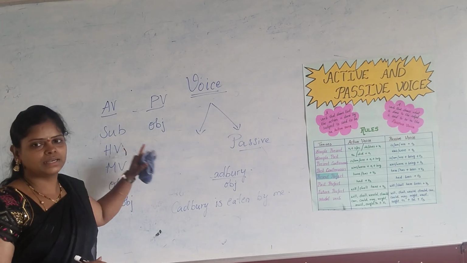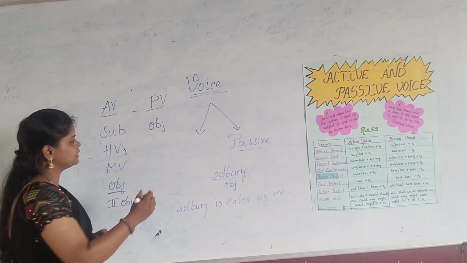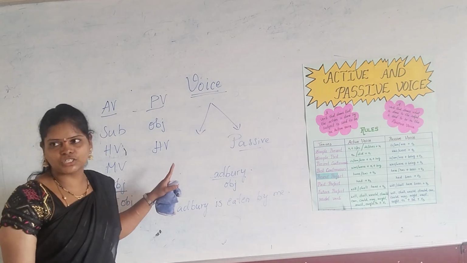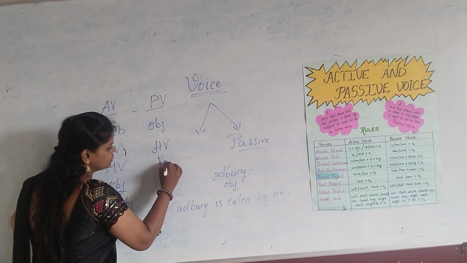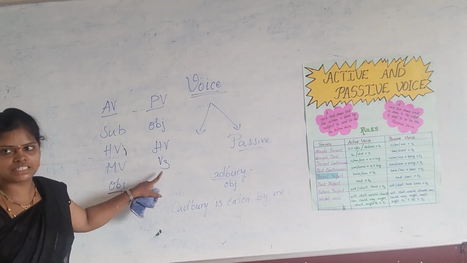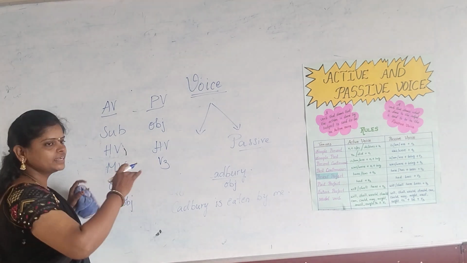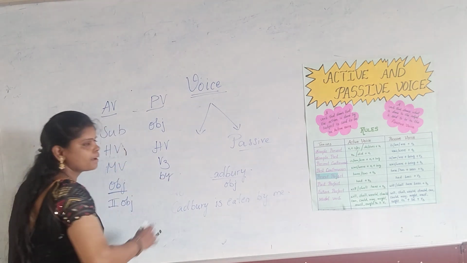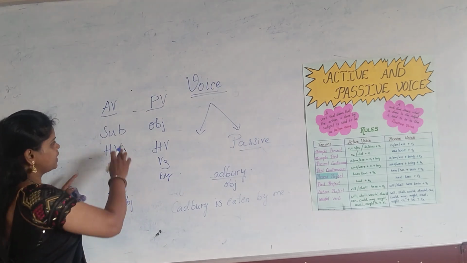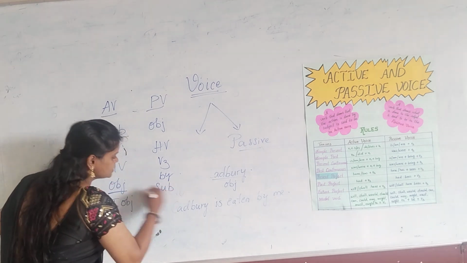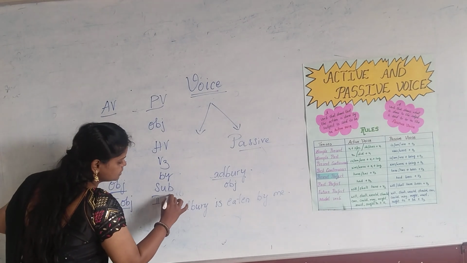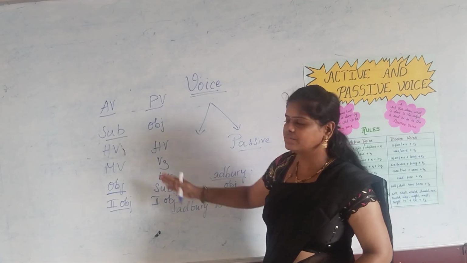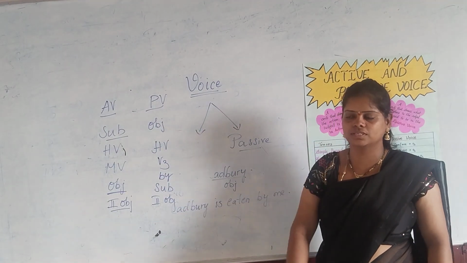The helping verb depends on whatever the helping verb is. The main verb will change only into the past participle, the third form. After that, we should use by. After writing by, we should write the subject. And last, the second object. This is the way to frame the sentence from active voice to passive voice.